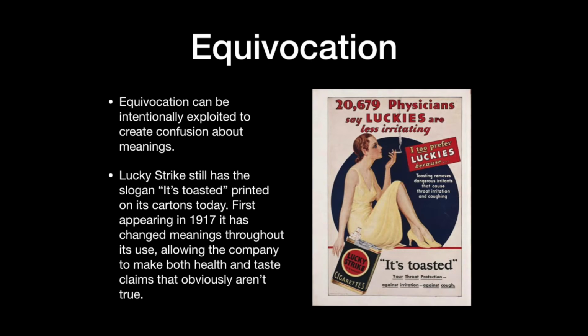And they still have that to this day. It first appeared in 1917 and has changed meanings throughout the company's history, and the company has done this on purpose so that they could allow themselves to make health claims about their cigarettes.